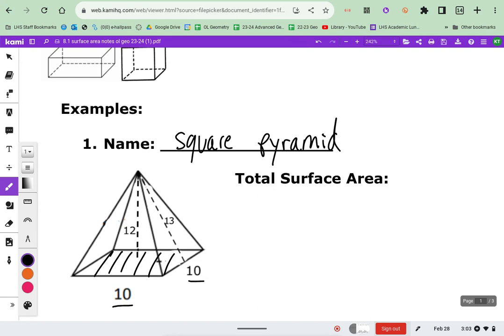On your formula chart, go to pyramids, and then go all the way over to total surface area. Total surface area is S equals 1/2 times capital P times our cursive L plus capital B.